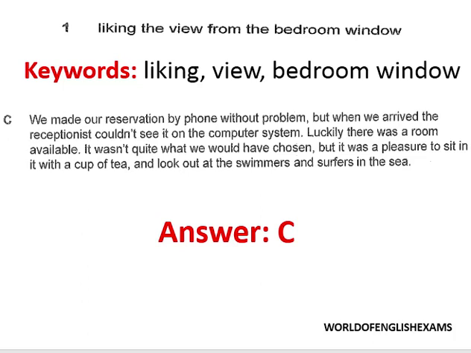Can you see? Yes. So what the person is telling is that it was a pleasure. That means they really liked it to sit in it. So sit in the room with a cup of tea and look at the swimmers. That means through the window they are glancing at the swimmers and surfers in the sea.